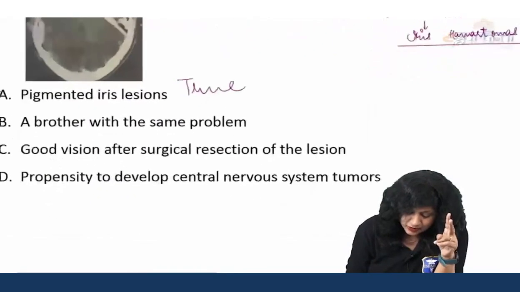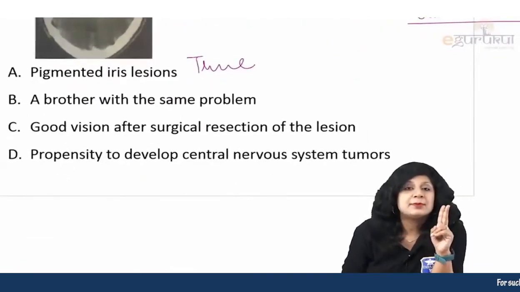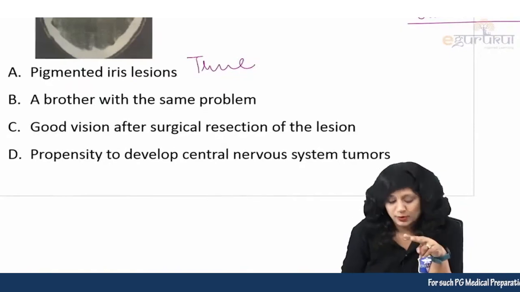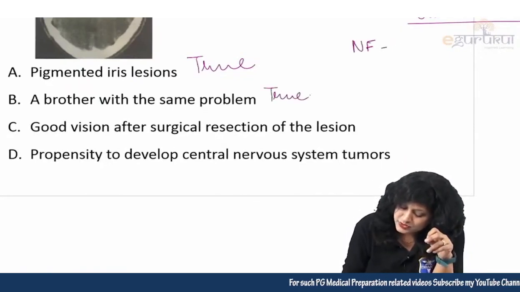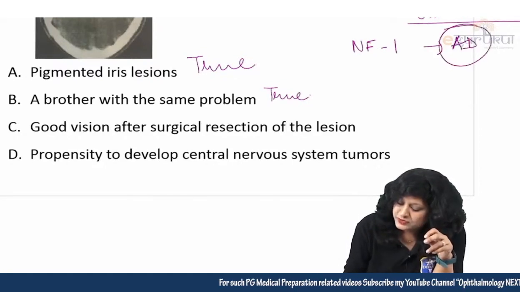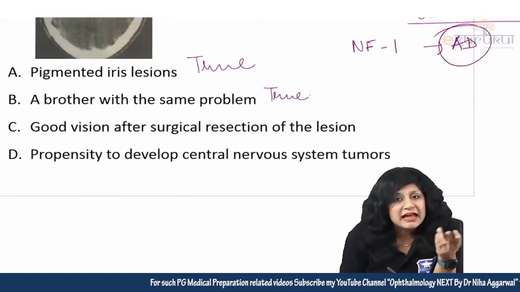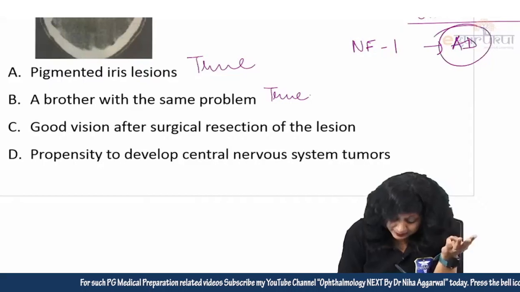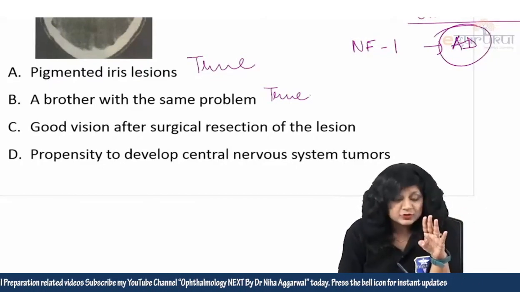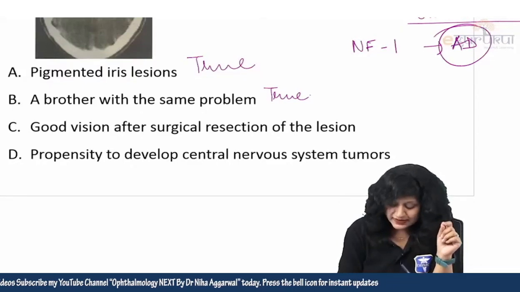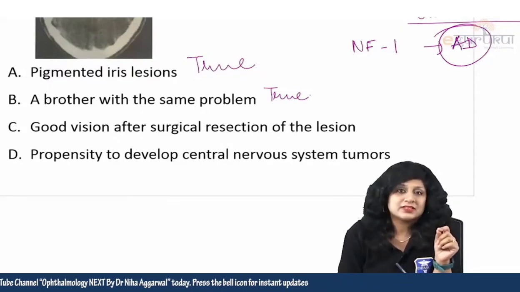Now option number 2 is that the brother can have the same problem. This is again a true statement because neurofibromatosis 1 is autosomal dominant. If it's a dominant condition, obviously the brother can have the same condition. Then number 3 is good vision after the surgical resection of the lesion. Okay, I'll come back to this. Number 4 is propensity to develop central nervous system tumors.